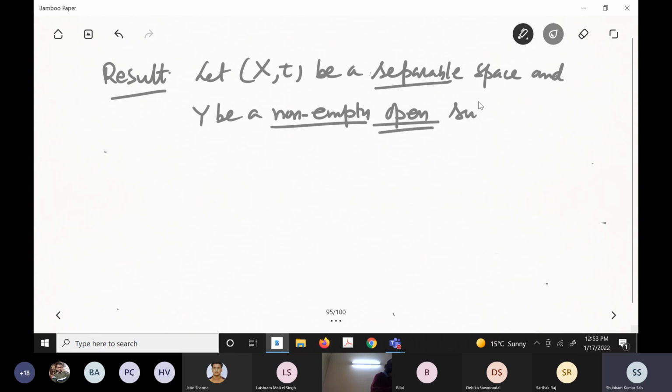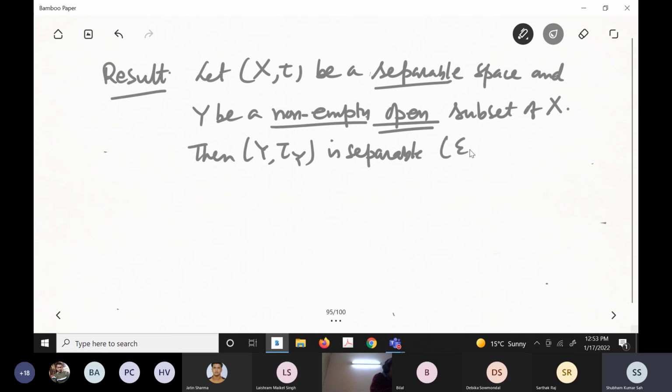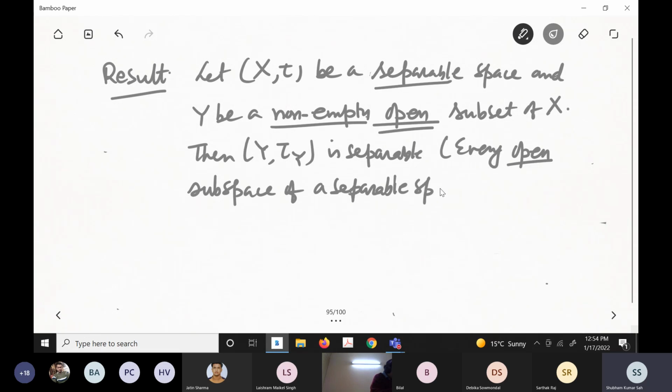Open subset of X. Then basically we say that every open subspace of a separable space is separable.